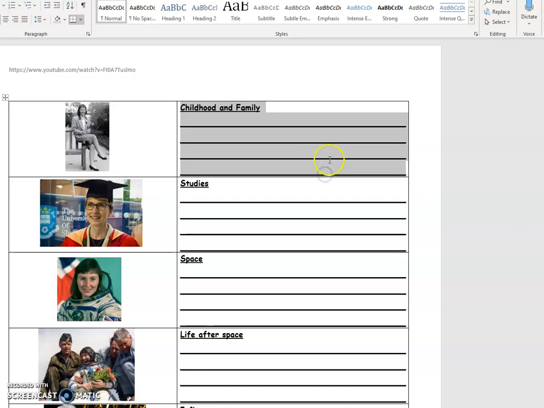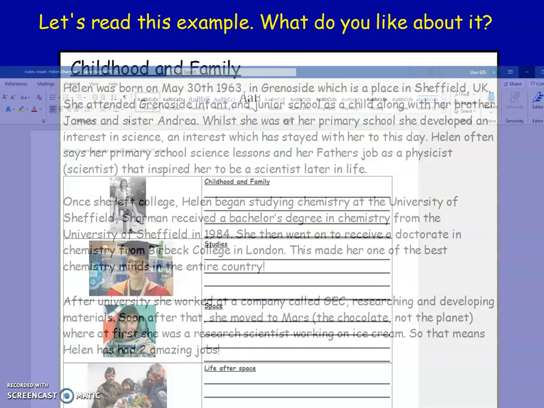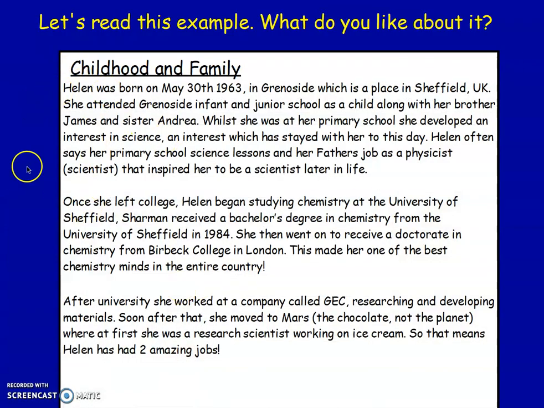I've done it in chronological order: a childhood and a family affair. So this is the paragraph that I wrote about Helen. So Helen was born on May the 30th, 1963, in Grenoside, which is a place in Sheffield, UK. She attended Grenoside Infant School and Junior School, and I have said before that Grenoside is really close to where we are in Sheffield, so she's not far from us at all.